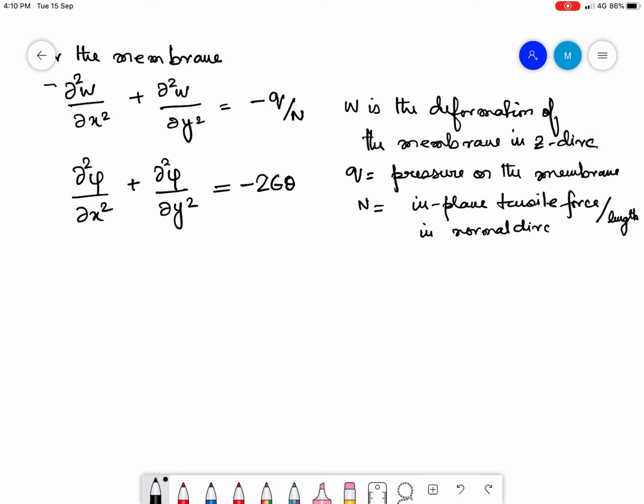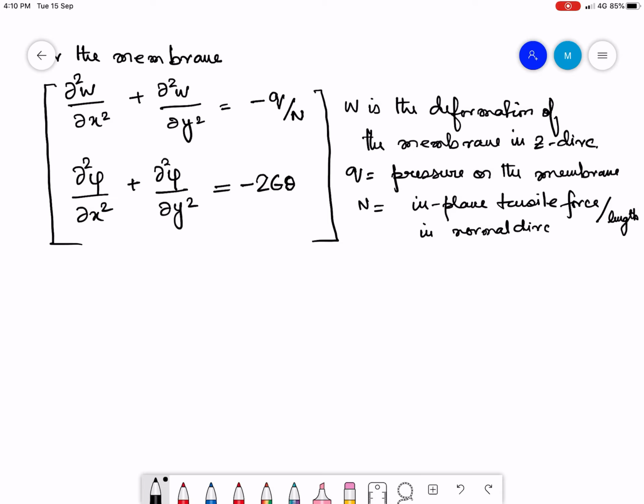So, from these two expressions we can conclude that the stress function for a shaft with an arbitrary cross section is the same as the deformation of a thin membrane of the same cross section under a uniform pressure Q and an in-plane tensile force N acting along the edges.